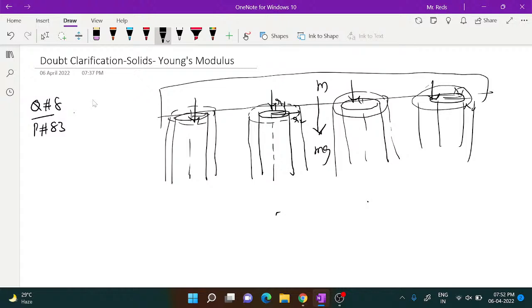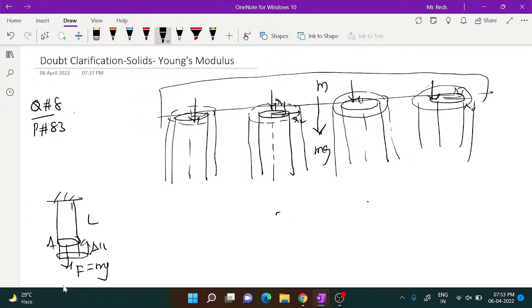We have discussed in class a simple example: a wire having length L, and if it has some mass, the mg force will act downward on this area. Then a stress of F by A will develop, and because of this stress, the length will increase by delta L. So Young's modulus is equal to FL by A into delta L. So here this is delta L. The length increases because of this normal force acting downward.